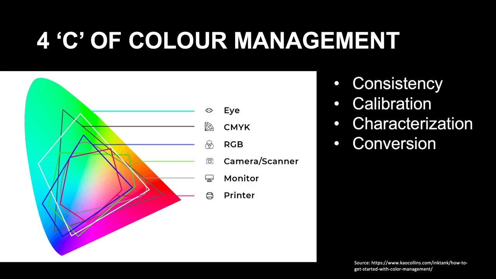So, there's color consistency, calibration, characterization, and conversion. And if you look at the image on your left, you will see that, as you may know, what is perceived by the eye is so much richer than, for example, what a printer would see, right?